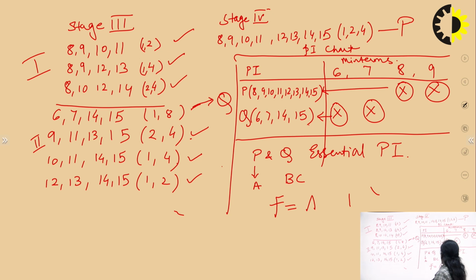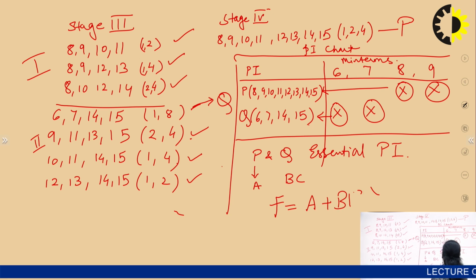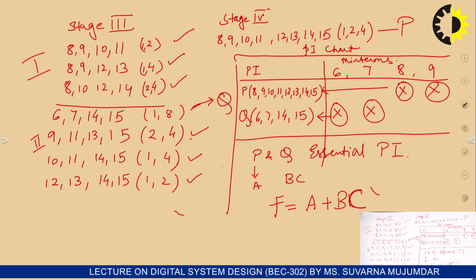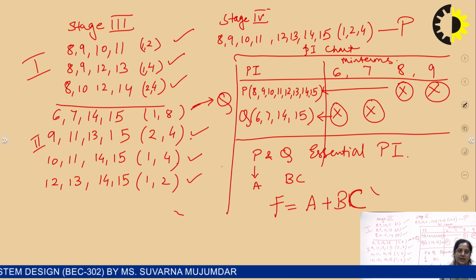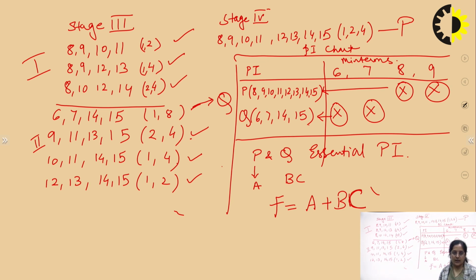We have to consider these 2 in our Boolean expression, and the final minimized Boolean expression will be A plus BC. So this will be our minimal Boolean expression, A plus BC. To draw a circuit for this, initially we have 4 variables A, B, C, D, but in the final expression we have only the 3 variables A, B, C. For this minimized expression we consider only 2 gates.